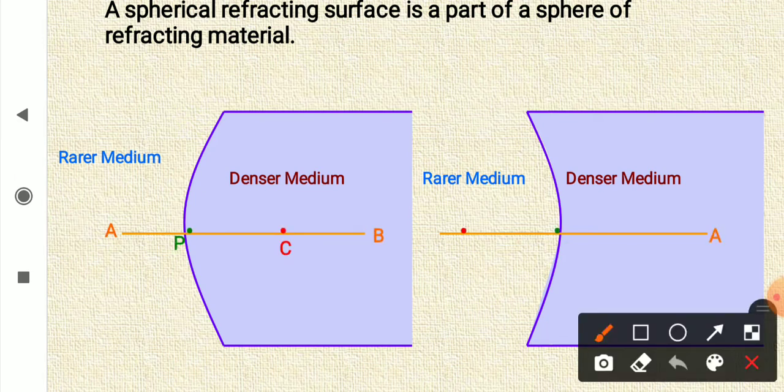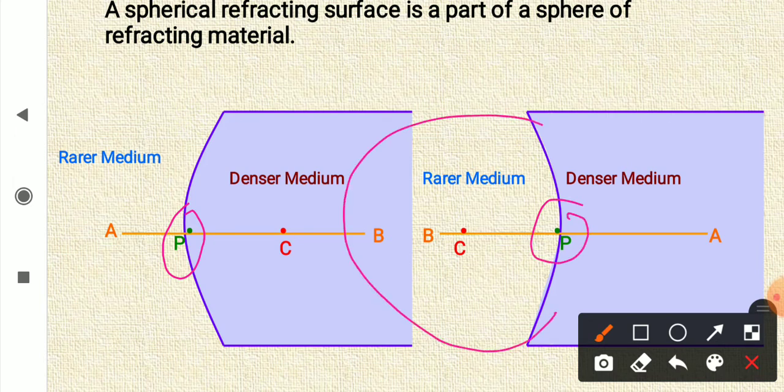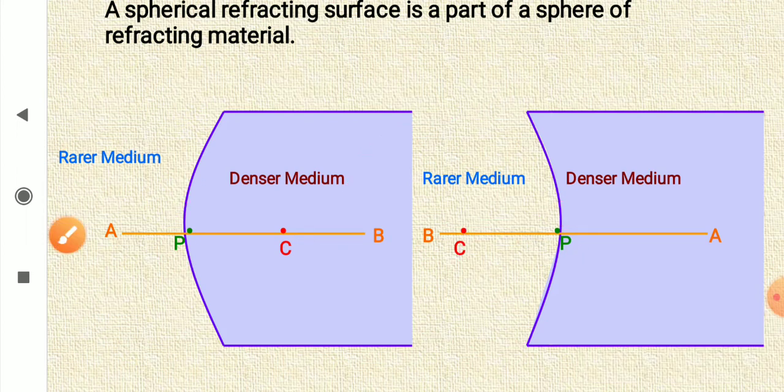Now, the center of the spherical surface is called pole, like this is also a pole, and the center of the sphere is called its center of curvature, right? And the line joining the pole and center of curvature is called principal axis, like AB is the principal axis.